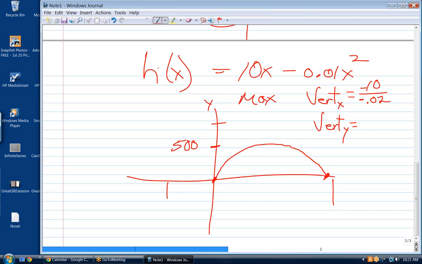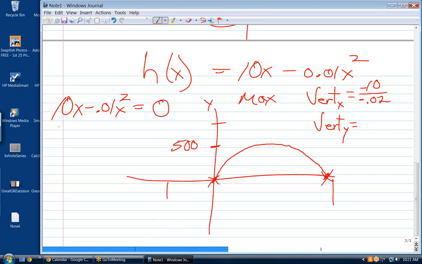So what do we have to substitute for h of x in order to solve this? x is 0 in 2 places. It's 0 right there, and it's 0 right there.